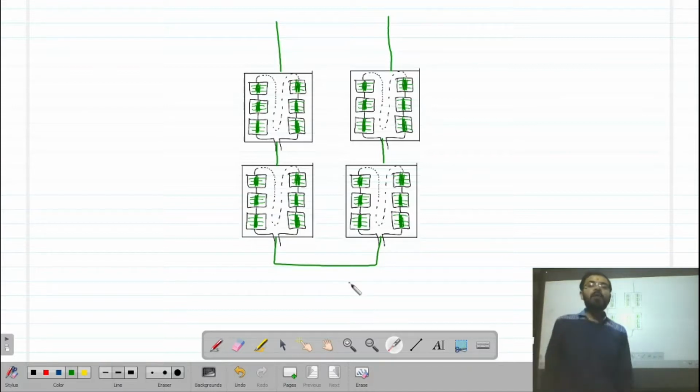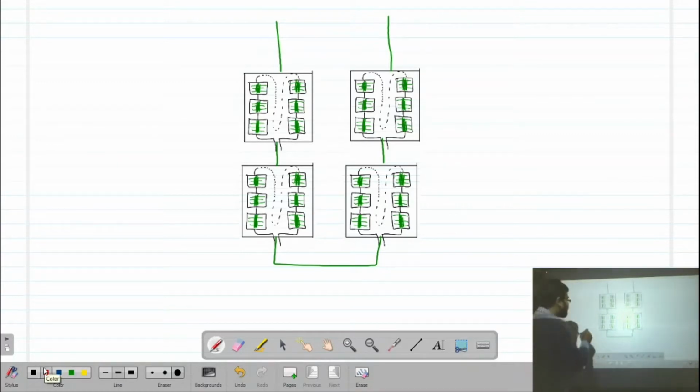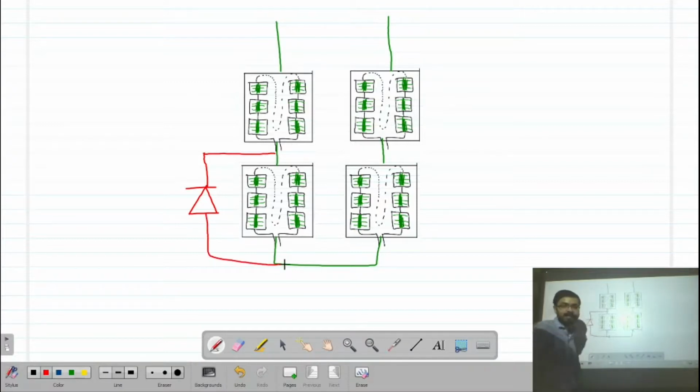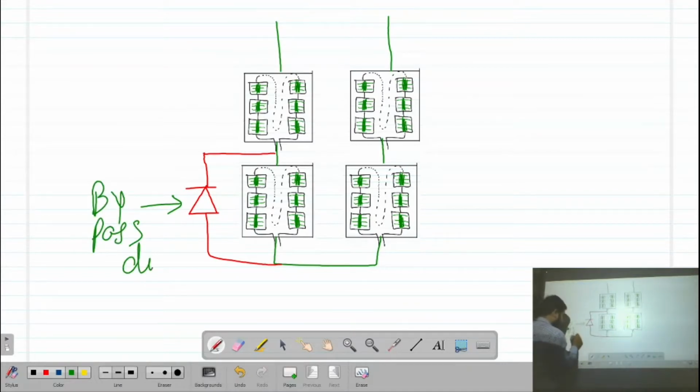In the same way, what we have used in the individual solar cell series connection, we can also use the bypass diodes over here, in such a way that if the modules get damaged, then the bypass diode will come into picture, and it will save the whole system, right?